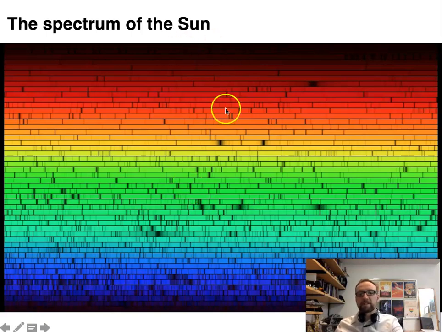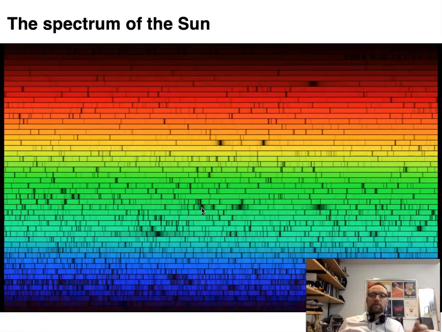This is how we know what the sun is made of. Because you look at the darkest lines, like this line here, this line here, that blue one there, right? All of the darkest, widest lines in the sun spectrum are from which element? Hydrogen. This is how we know the sun is mostly made of hydrogen. The second darkest lines in the sun spectrum, like this yellow one and that green one, those are from helium.